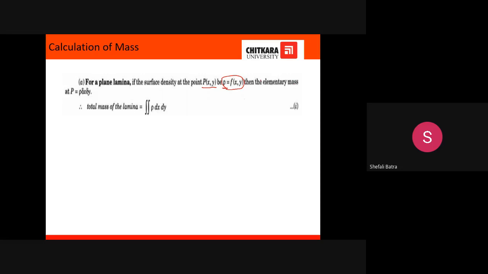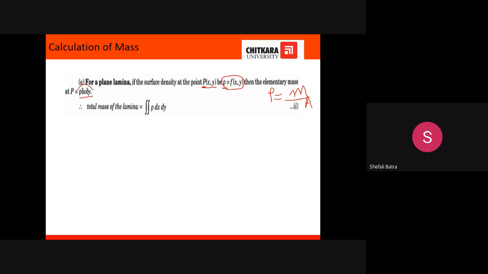Then elementary mass at point P is given by rho dx into dy, because you have told me density is equal to mass per unit area or mass over area. So mass is equal to rho into area. So you will be writing here mass is equal to rho into area. Area is what? dx into dy.